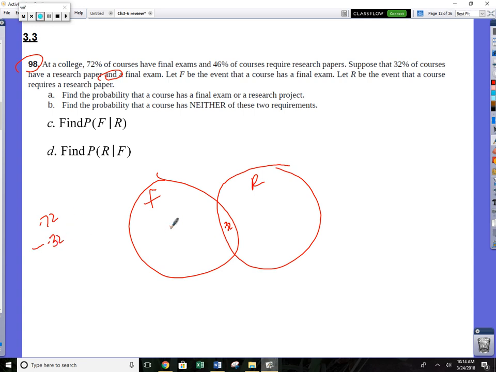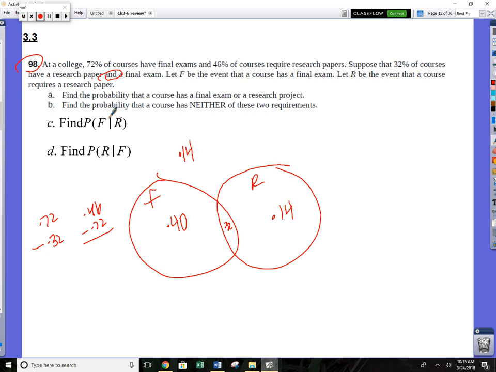It should just be 40%. The research, 46% have research, so what's 46% minus 32%, and that is 14%. Now 40%, 32, that's 72, plus 14 is 86. So that means 14% are lucky and they have neither.